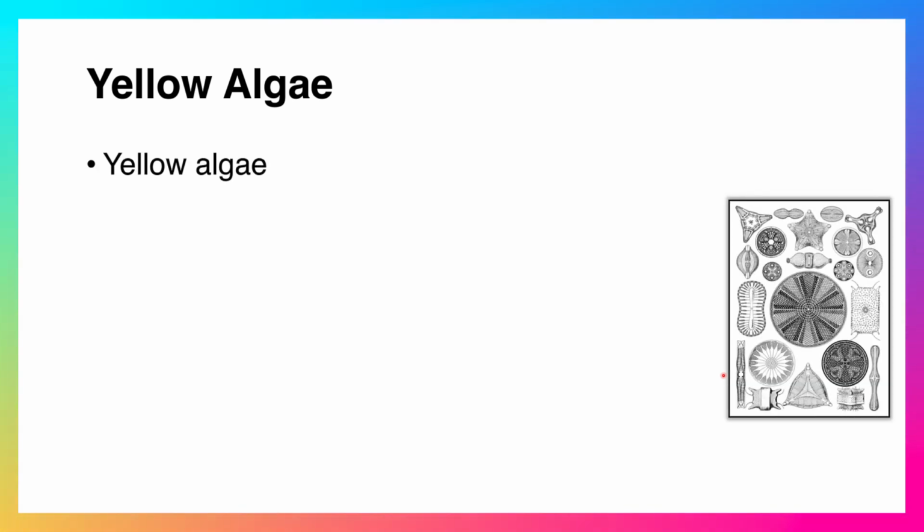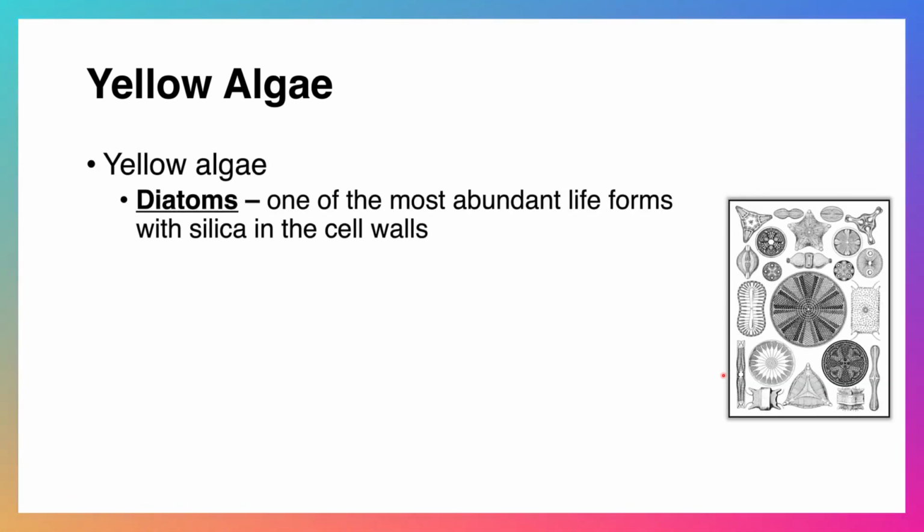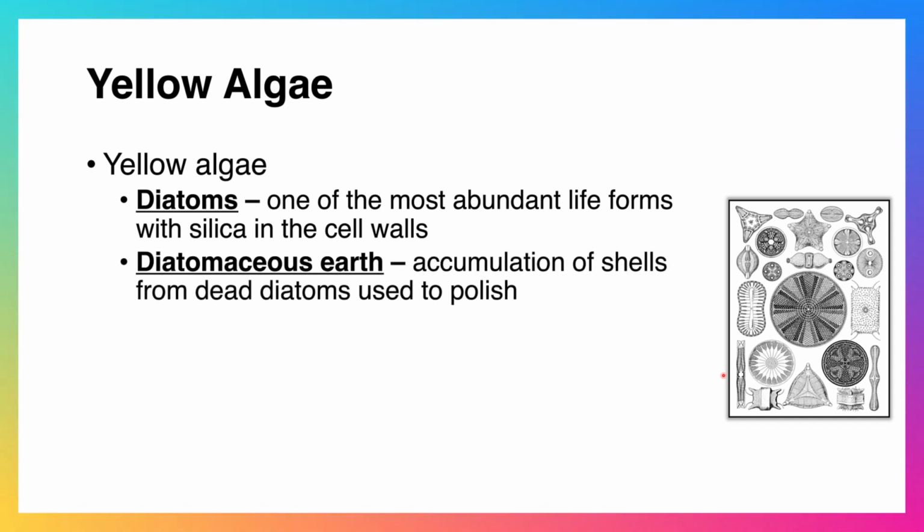Yellow algae are also called diatoms. Diatoms are one of the most abundant life forms on Earth, and the cell wall contains silica. The reason this is important is because of something called diatomaceous earth. Diatomaceous earth is an aggregation or accumulation of these shells.